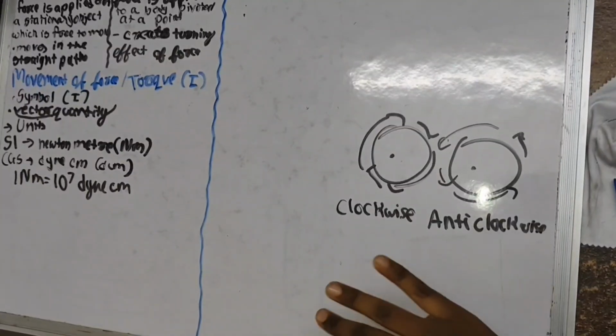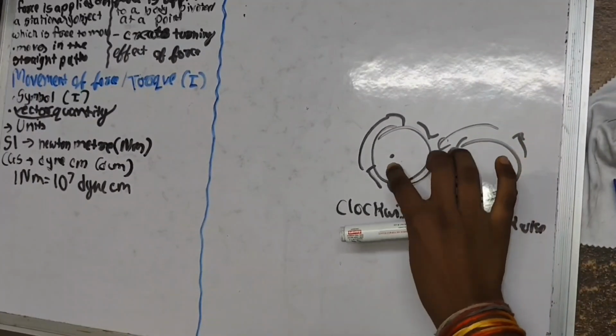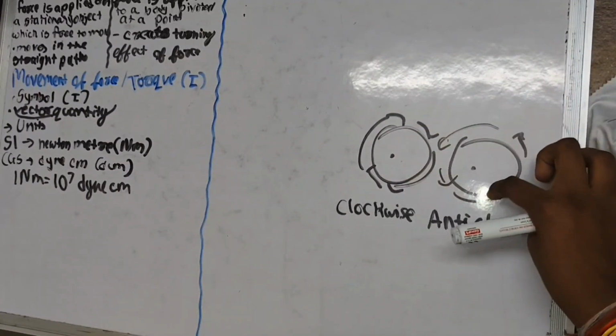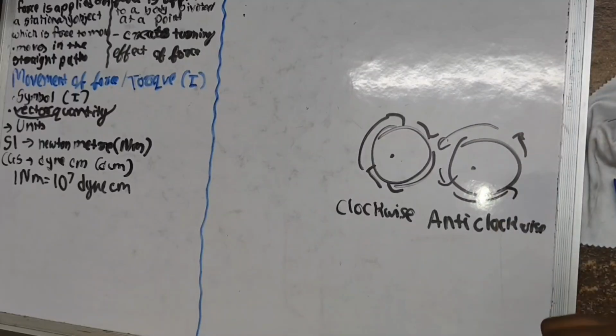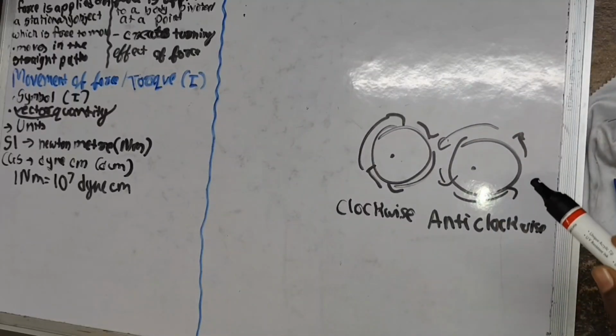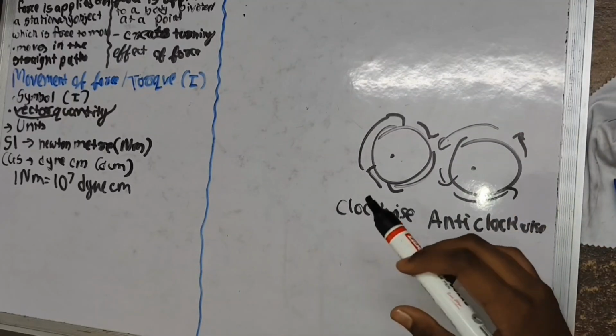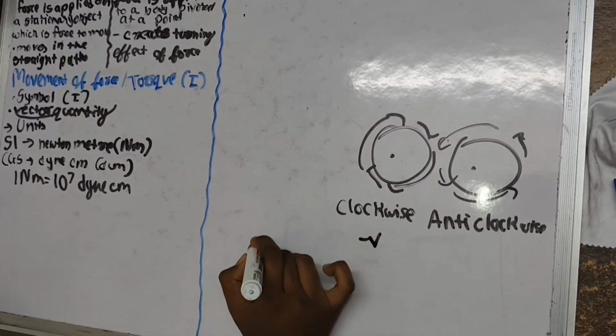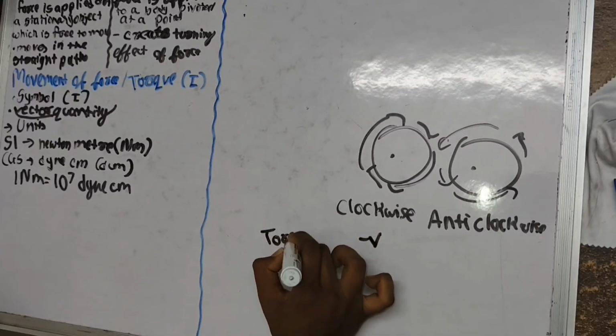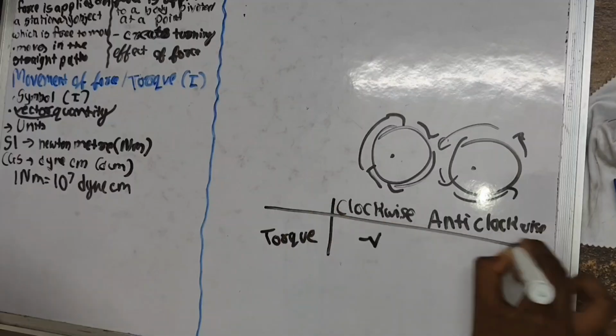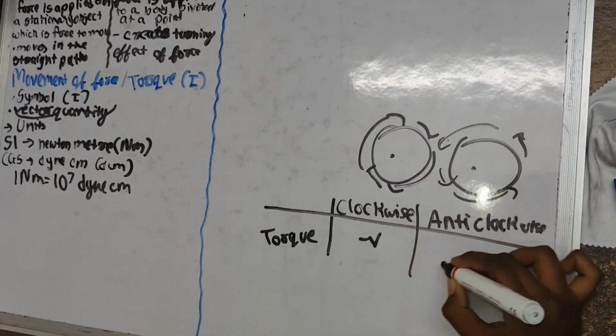So these are two wheels. One is clockwise and another one is anti-clockwise. So the clockwise torque is negative and the anti-clockwise torque is positive.